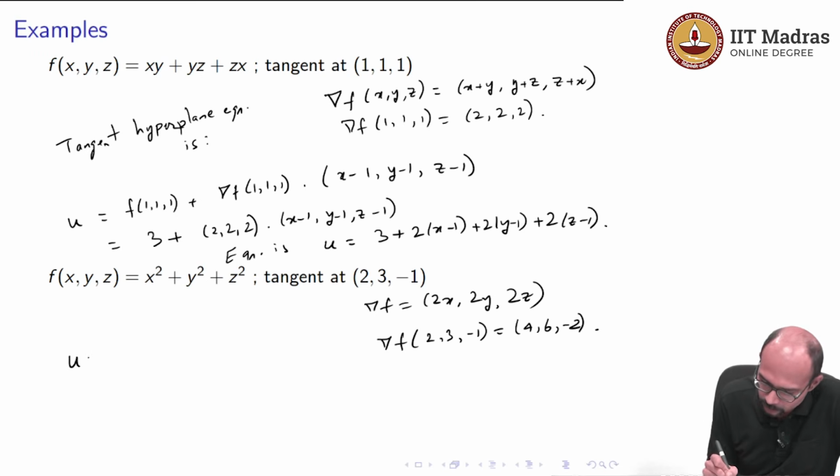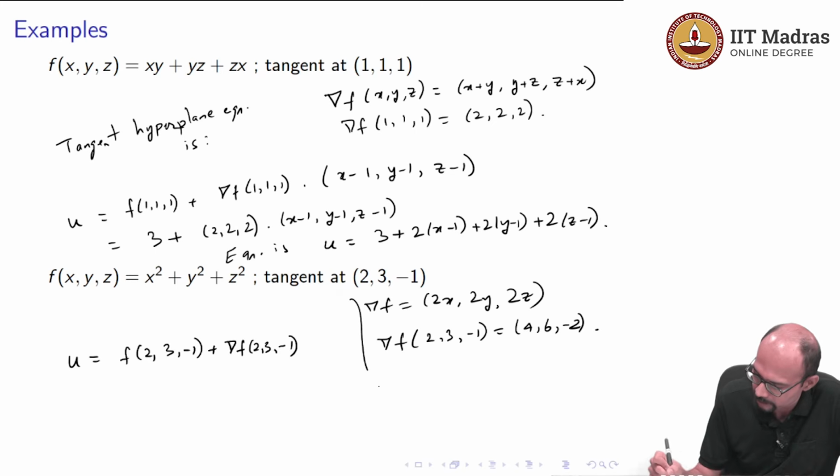And so, the equation of the tangent hyperplane is u is equal to f of 2, 3, minus 1 plus gradient at 2, 3, minus 1 dot with x minus 2 comma y minus 3 comma z plus 1.